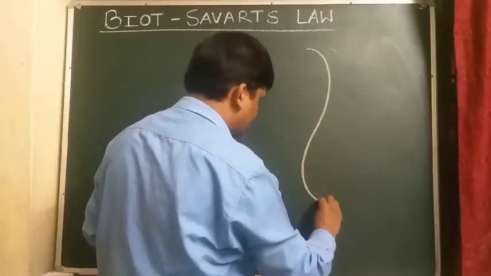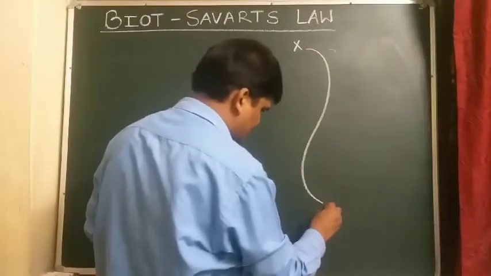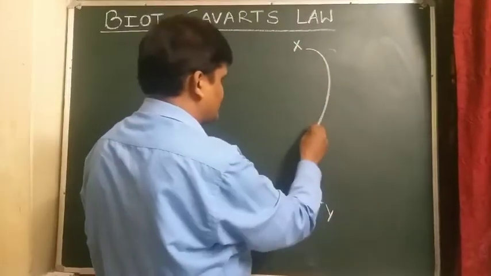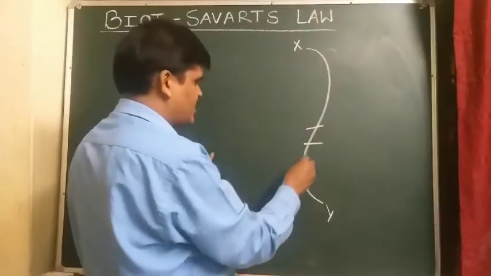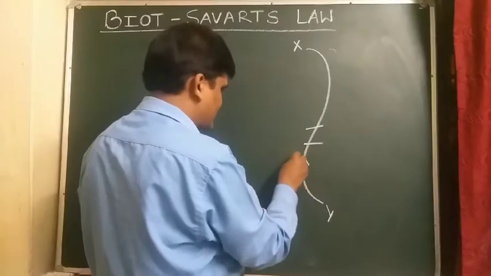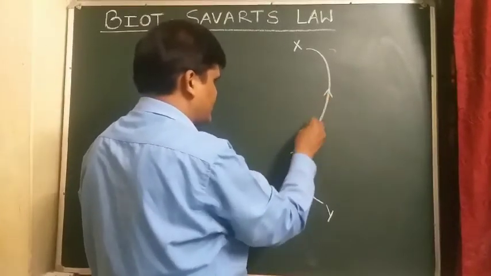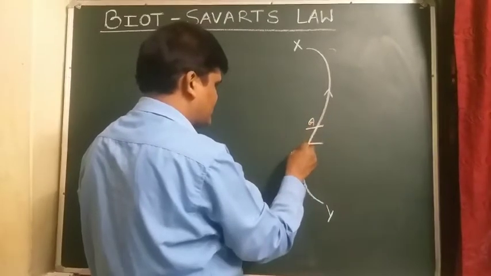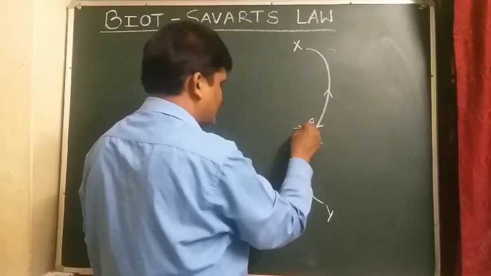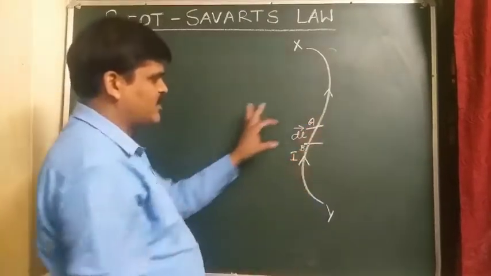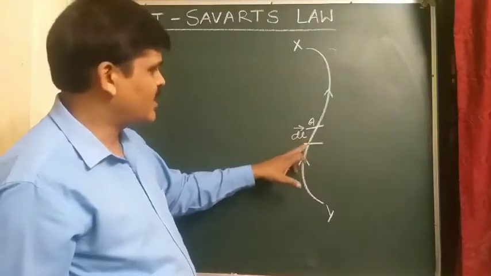Here, student, this is XY, the conductor, and we take a small length element of this conductor carrying a current I, with points A and B. This is the current element, a small length element of the conductor which carries a current I.